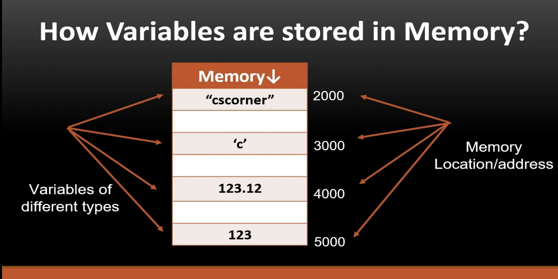Similarly, the character has memory location 3000. 123.12 has memory location 4000, and lastly 123 has memory location 5000. This is just an example. A memory location can be any address of your RAM.